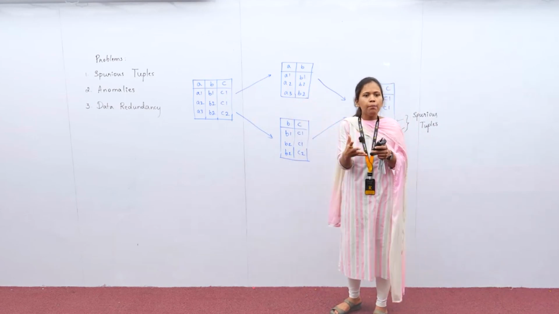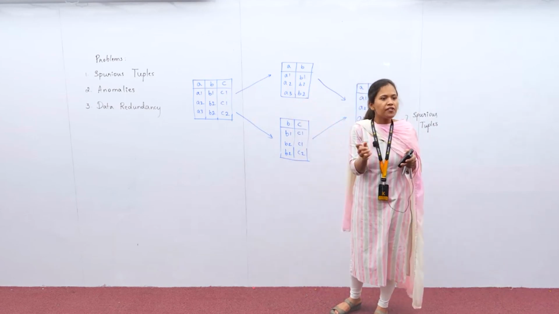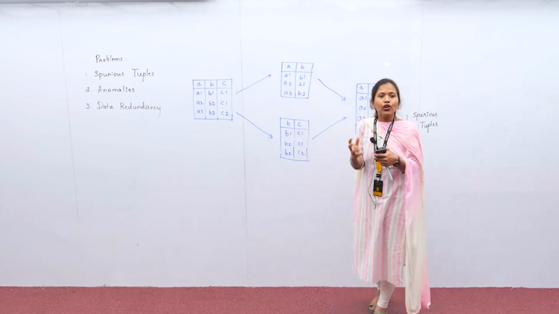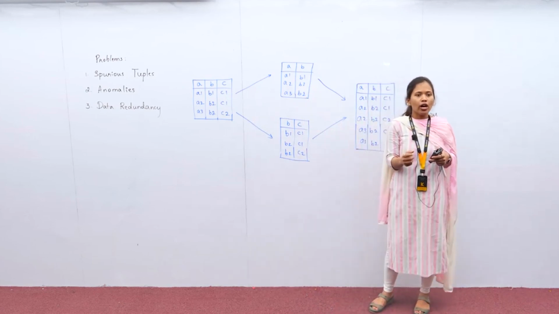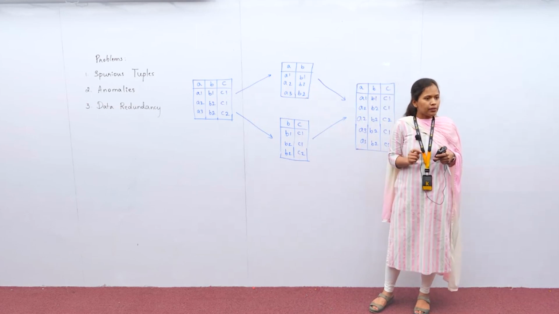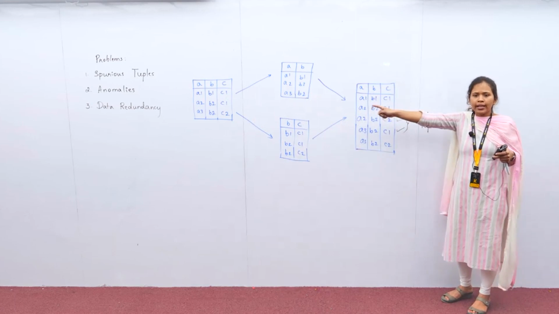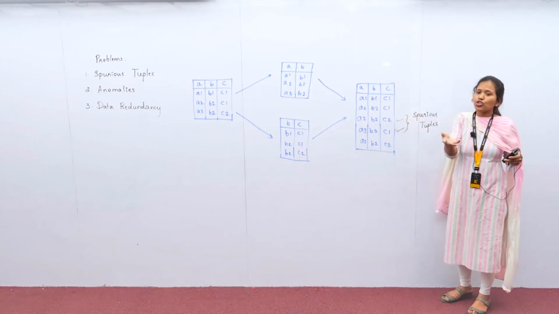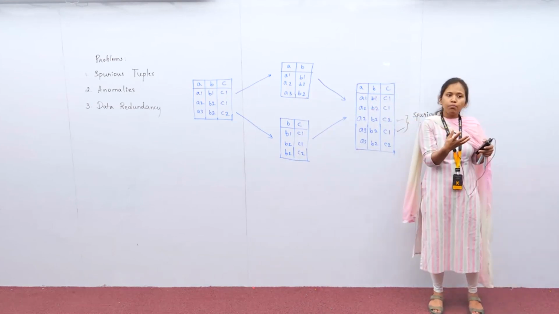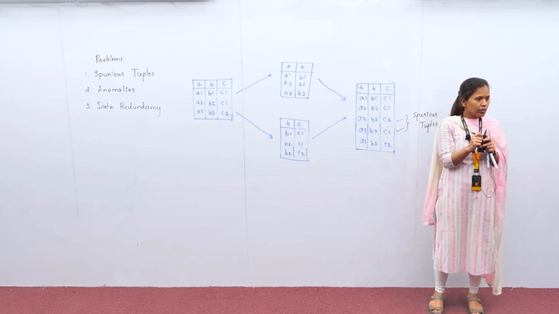I have told you decomposed is nothing but splitted. You have splitted the table and it is further joined. That is what you call as what? Spurious tuples. And these are the spurious tuples because they are not present in the table. They are unwanted rows which have been generated when we have performed decomposition and joined it.